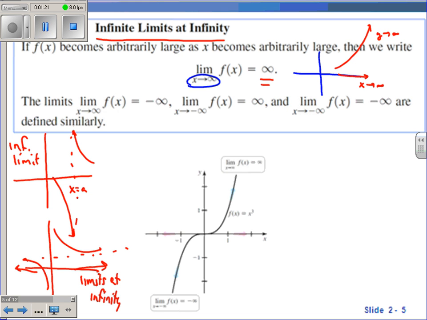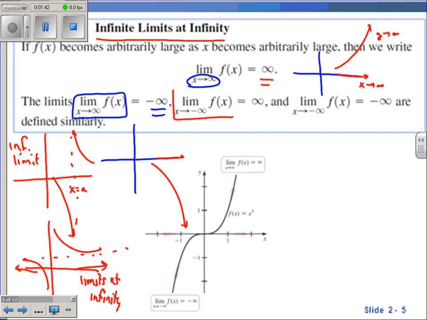Now, we also could have the situation where as x is approaching positive infinity, the y value could be approaching negative infinity. So in that situation, we would have something like this. X is approaching positive infinity, the y is approaching negative infinity, so the function's graph would be going downward like that. Or we could have the limit of f of x as x is approaching negative infinity.